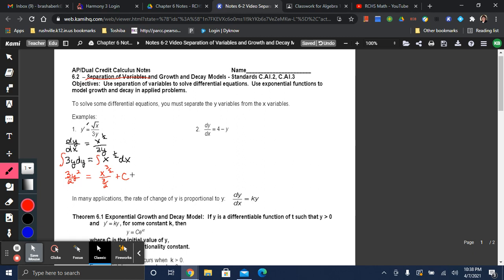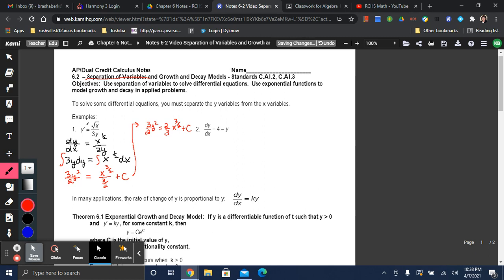Now the 3/2, the one that's in the denominator, can be changed, so let me go ahead and rewrite. We've got 3y squared over 2 equaling, and then this 3/2 will become 2/3, and then we'll have x to the 3/2 power, and then plus c.